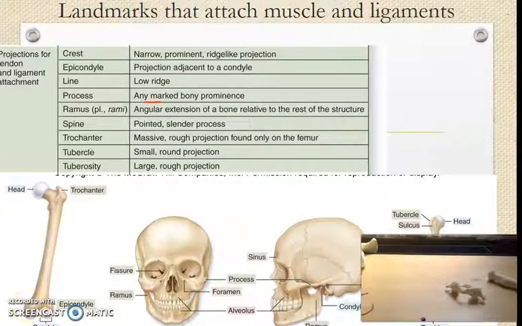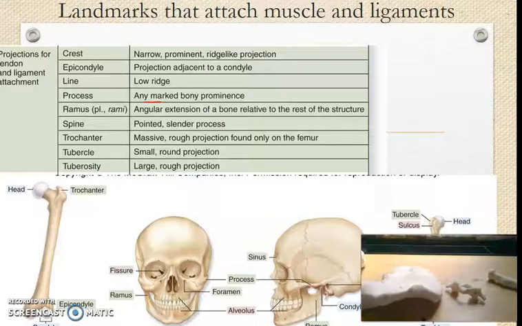Now we have landmarks that touch muscles. The condyles, the heads, the trochleella, the facets, those are all for two bones coming together. These are where muscles or ligaments are going to attach. I guess I should say tendons or ligaments. So, a crest is the first one. A crest is a narrow, prominent, ridge-like projection.